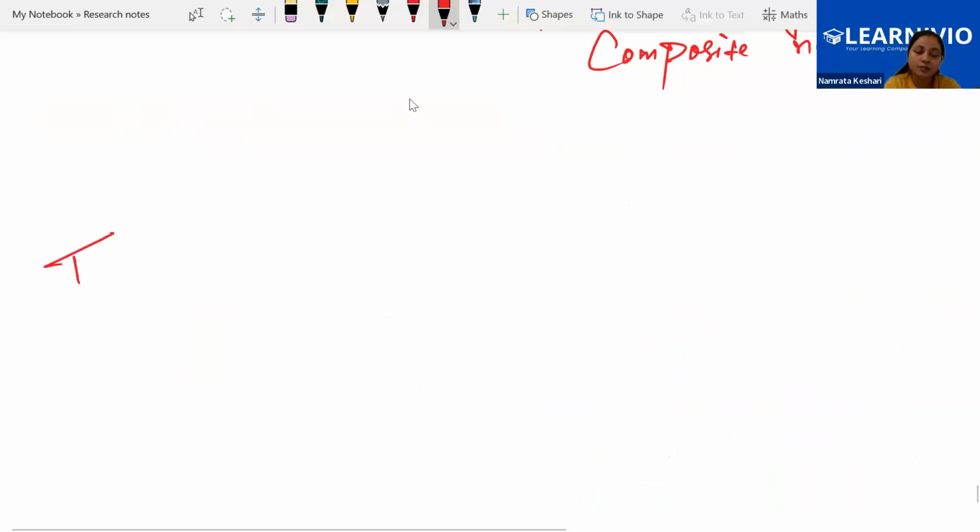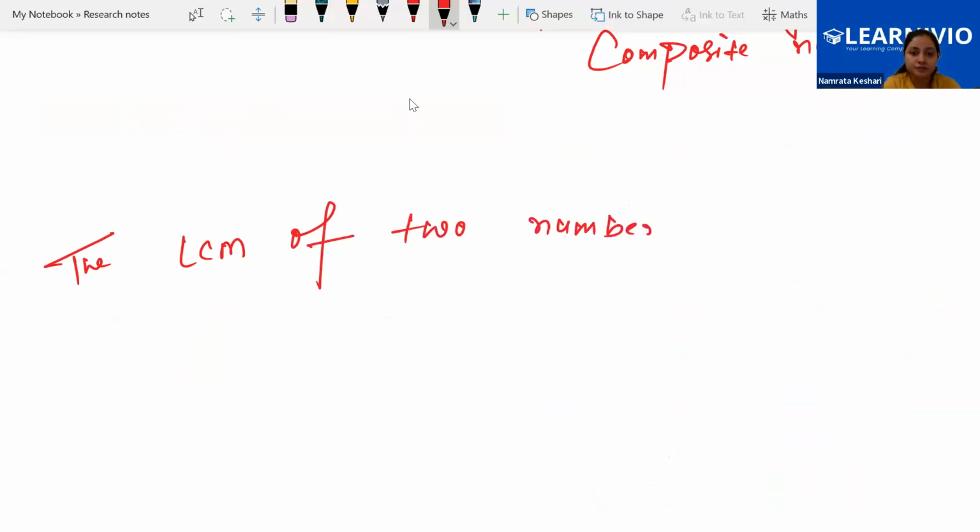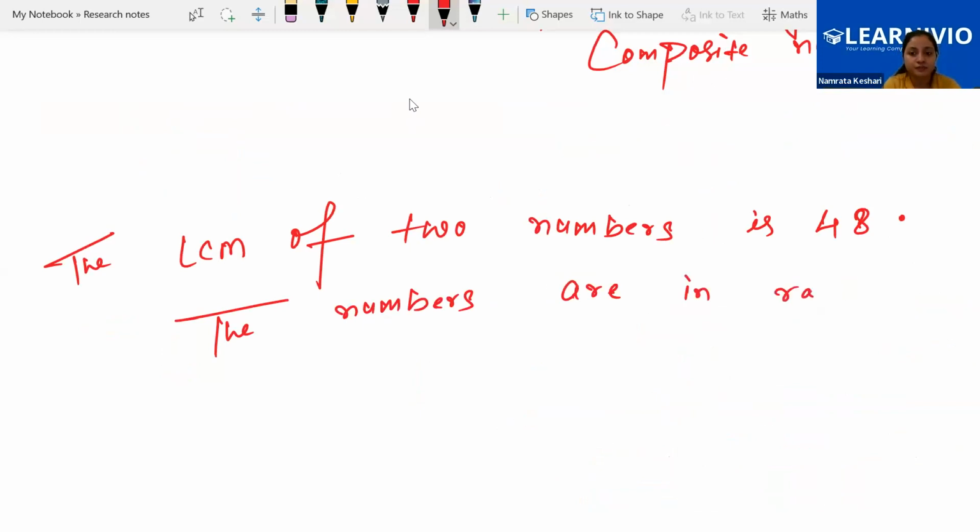The LCM of two numbers is 48. The numbers are in ratio 2:3.